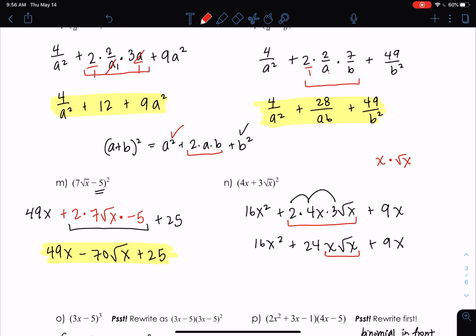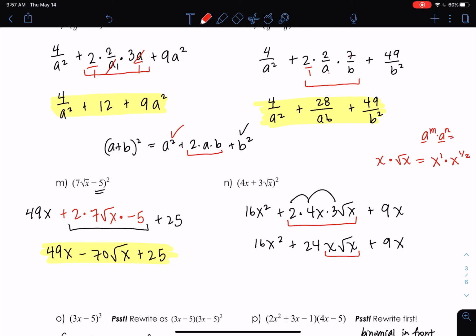X times square root x, if we make our exponents visible, that would be an exponent of 1, and the square root gives us an exponent of 1/2. So really, you're thinking of this as x to the 1 times x to the 1/2. And using our old rule, we know that if we're multiplying with the same base, we add the exponents.